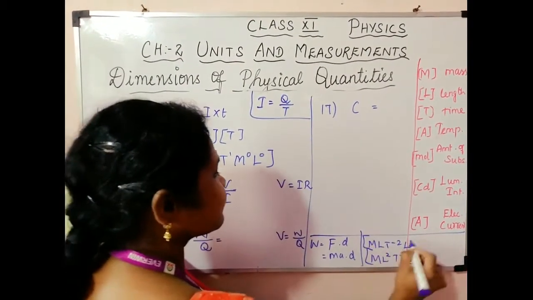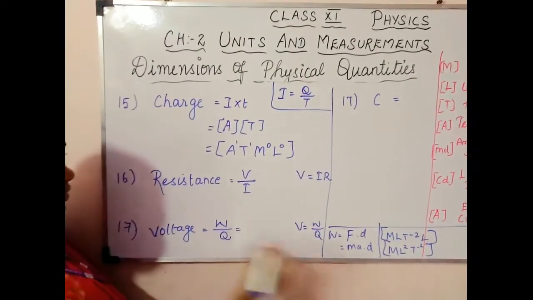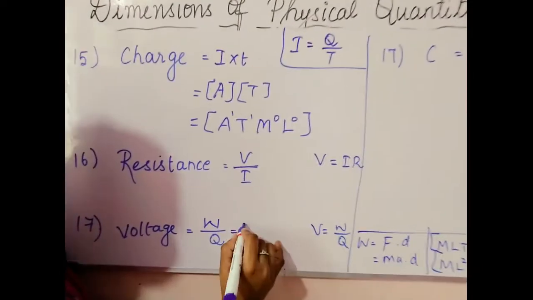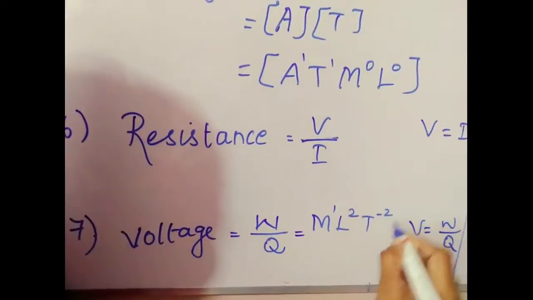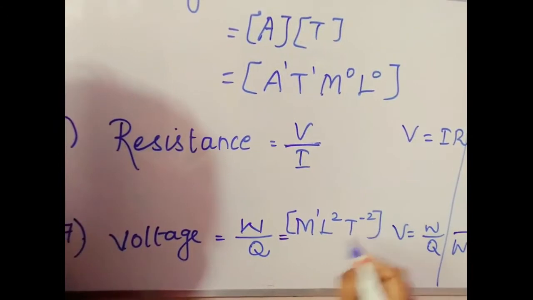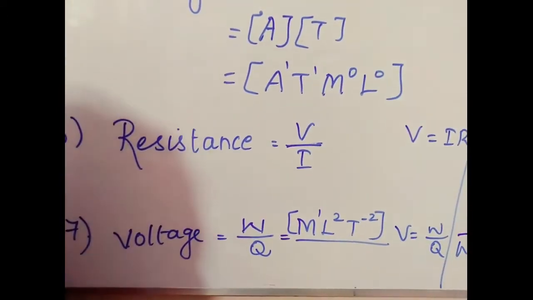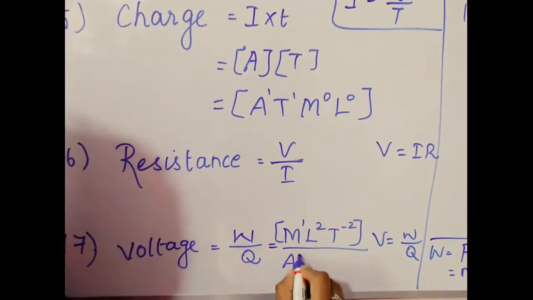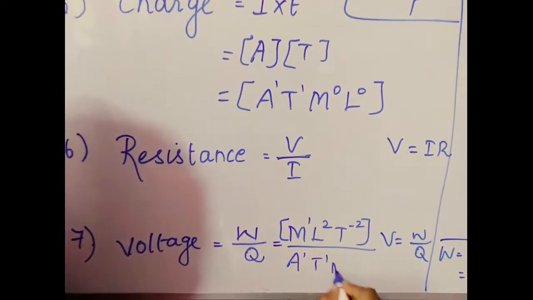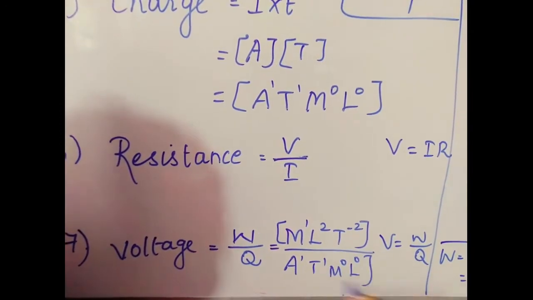So the formula for work done is M power 1 L power 2 T power minus 2. And for electric charge, we have found out that it is A power 1 T power 1 M power 0 L power 0.